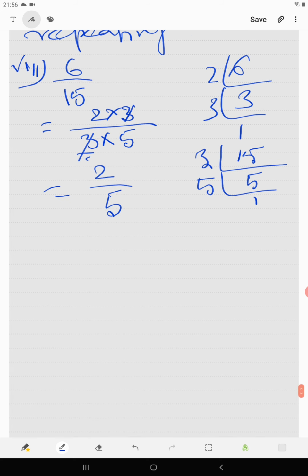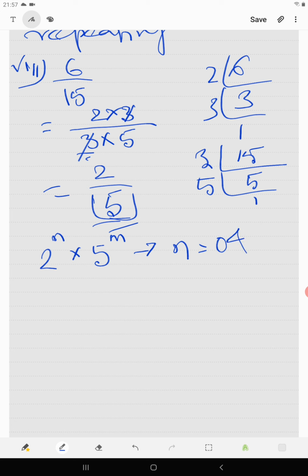Now, no further division can happen. So if you are comparing the denominator with 2 to the power n into 5 to the power m, what are you getting? Since there is no factor of 2, n equals 0 and m equals 1.